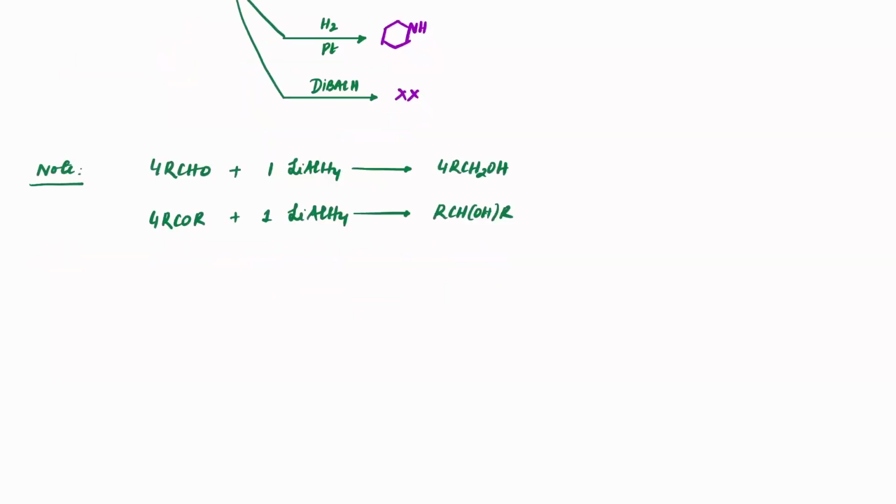And then if you notice the acids, it is RCOOH plus 3 moles. This is what we learned already. 3 moles of lithium aluminum hydride will convert 4 moles of acid into 4 moles of alcohols, and 4 moles of H2 will also come into the picture, right?